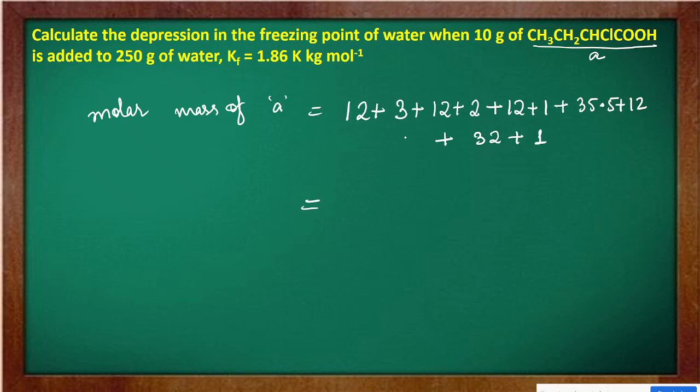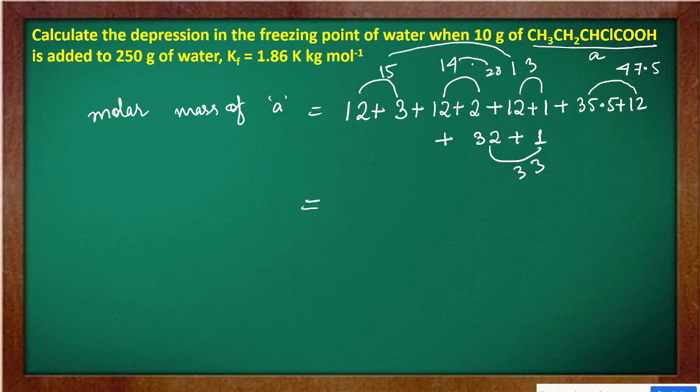Now if we add all this, let's see how much we get. 12 plus 3 is 15, 12 plus 2 is 14, 12 plus 1 is 13, then 32 plus 1 is 33, and 35.5 plus 12 is 47.5. Then add 15 plus 13 is 28, 28 plus 14 is 42, then 42 plus 33 is 75, and 75 plus 47.5 is 122.5. So here the molar mass of your given compound is 122.5. This is your molar mass.